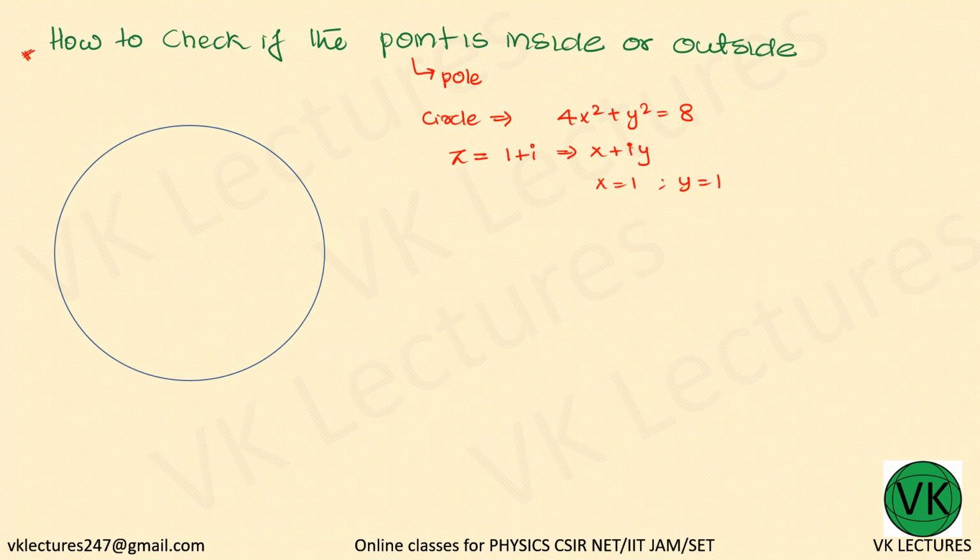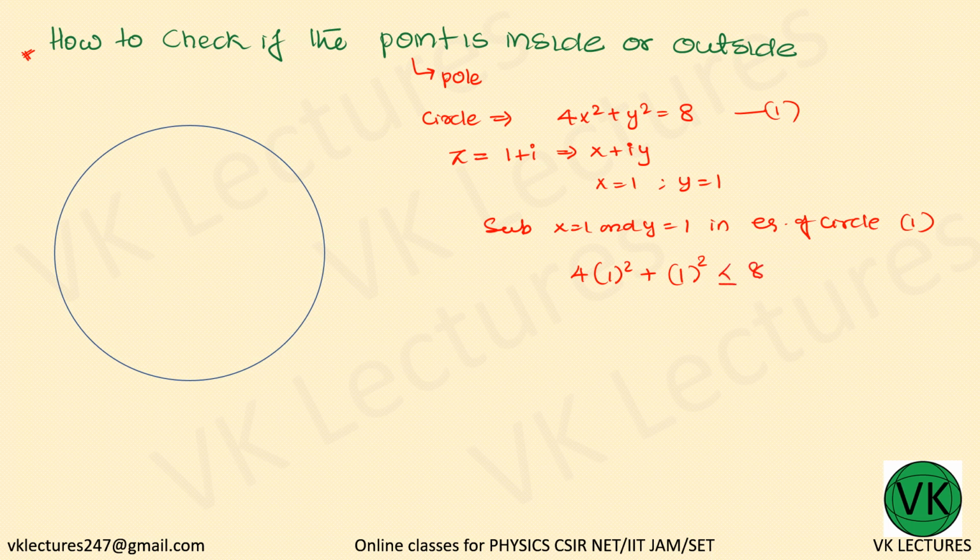So substitute x equal to 1 and y equal to 1 in the equation of the circle, that is equation 1. Then 4 times 1 square plus 1 square, that is y square, and check whether it is less than or equal to 8. Now 4 plus 1 is definitely less than or equal to 8, so this is inside.